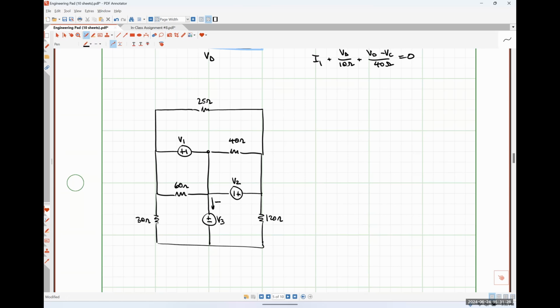This is the IX that we're looking for. This homework set is related to mesh specifically, and it tells us to use mesh analysis to find IX. So I'm going to do mesh the first time, and then I'm probably going to solve it using nodal, just because I think nodal is going to wind up being significantly easier.